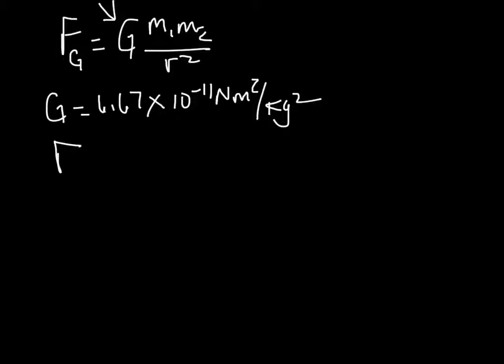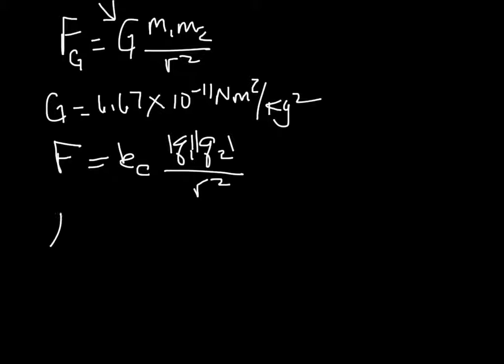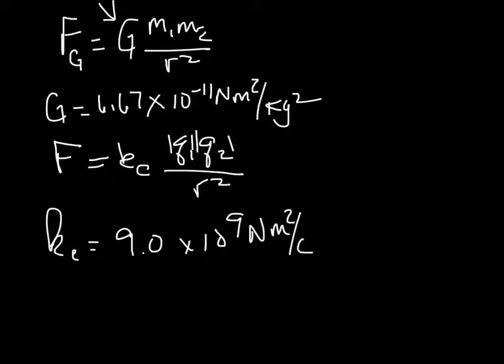Whereas the electrostatic force is K, the absolute value of Q1 Q2, over R squared. And K_e, remember, equals 9 times 10 to the ninth newton meters squared per coulomb squared. So you can see there are a lot of similarities.